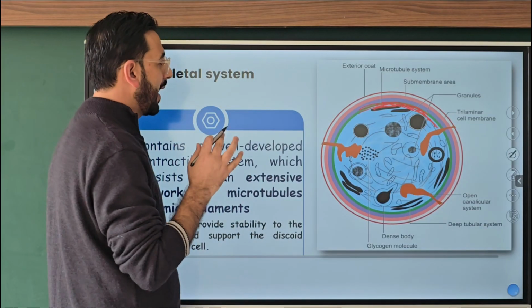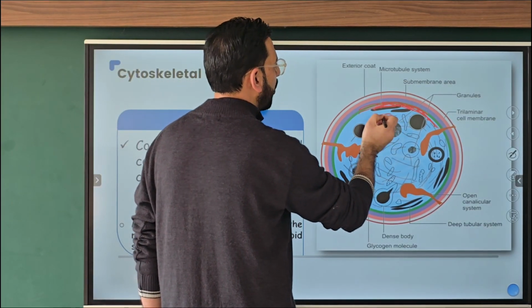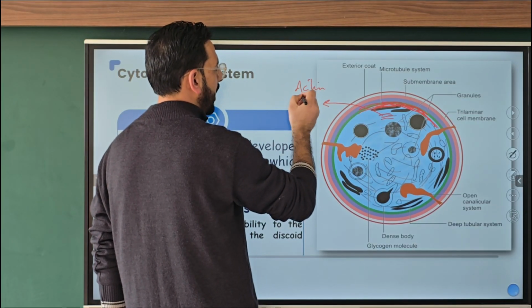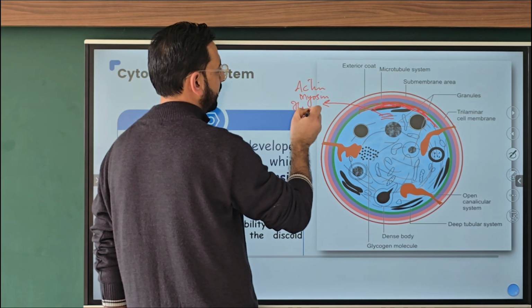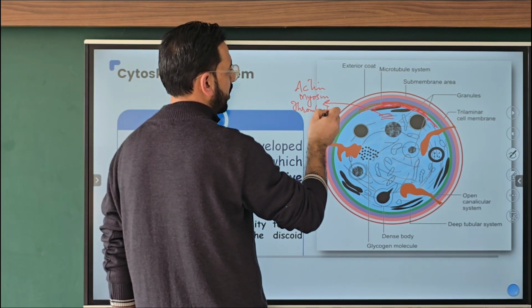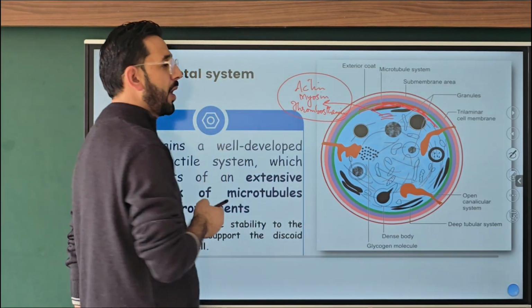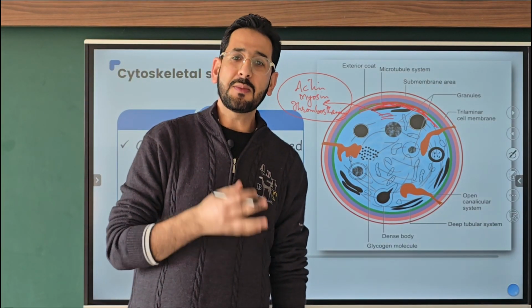The second thing is microfilaments, and in microfilaments there are three important filaments. We have actin, we have myosin, and we have thrombosthenin. So actin, myosin, and thrombosthenin. What is the role of these microfilaments?